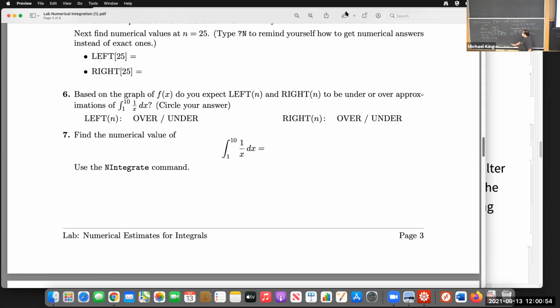If this function goes up and down, then it's a little bit harder to tell what's going on with the left and right sum. But since this is going down, the left sum is definitely an overestimate, right? Because the top left of each rectangle is peeking out over the graph. So if f of x is decreasing, the left sum is an overestimate, and the right sum is an underestimate.